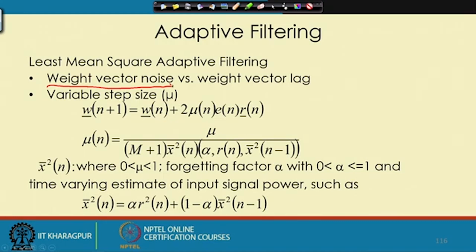But as we have increased mu, the updation is happening all the time, even after the convergence. So, there will always be a change in the error, and after the convergence we see that the noise is more. That situation is called weight vector noise.